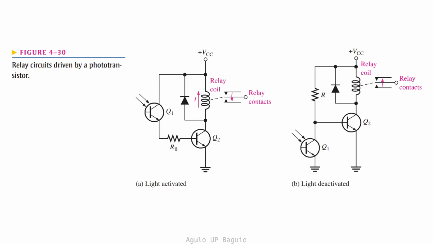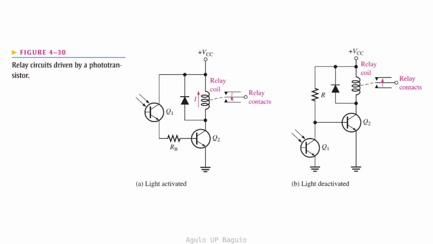When incident light is present, Q1 is turned on and there is a sufficient amount of current to turn on Q2. This increases the collector current which passes through the relay coil. The diode across the relay prevents current flow from the source to the collector terminal of Q2.